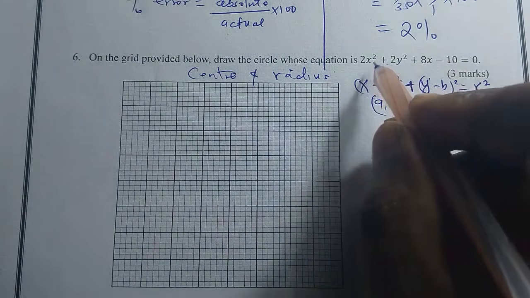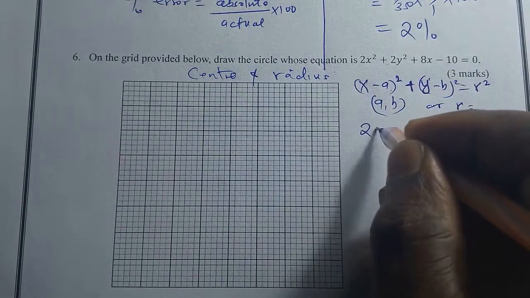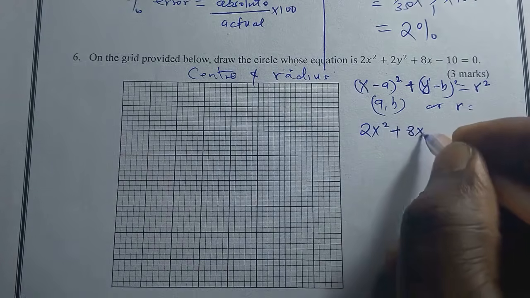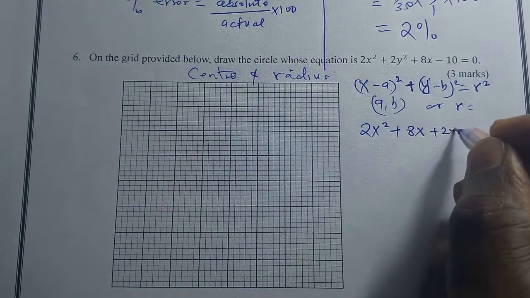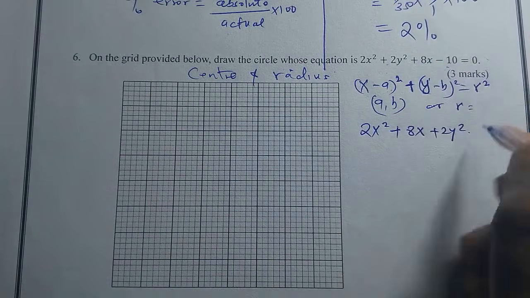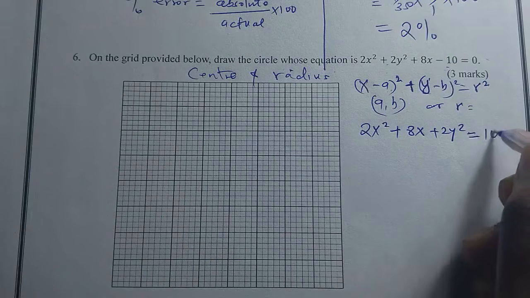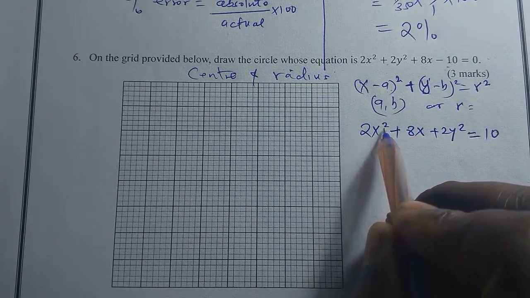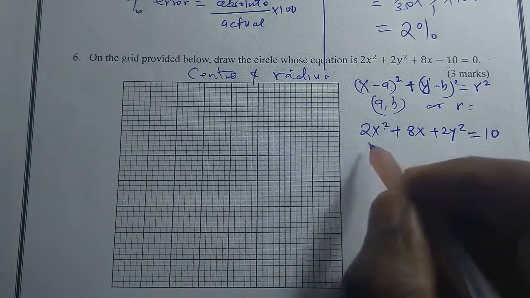Rearrange. This is 2x squared plus 8x plus 2y squared. So the constant, take it to the right, which would be equal to 10. Always make sure the coefficient of the power square is 1. So divide by 2 everywhere.